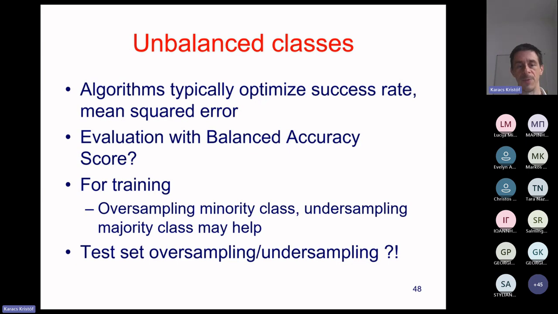And for training, instead of changing the evaluation metric, you could oversample the minority classes to basically create a balanced data set from your unbalanced data set.